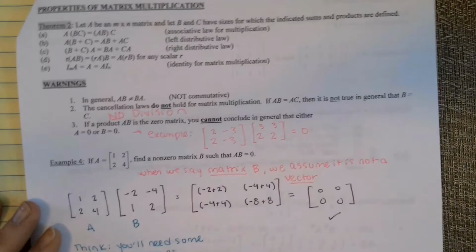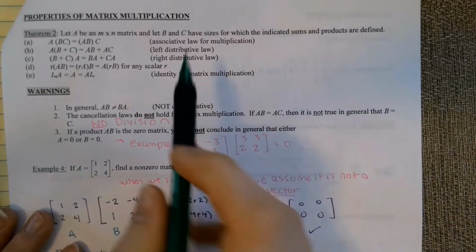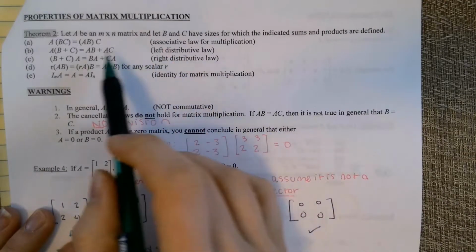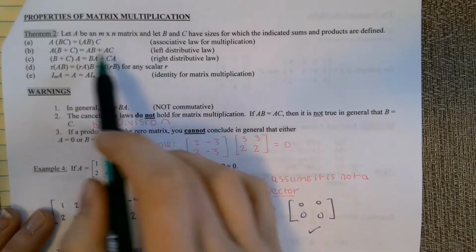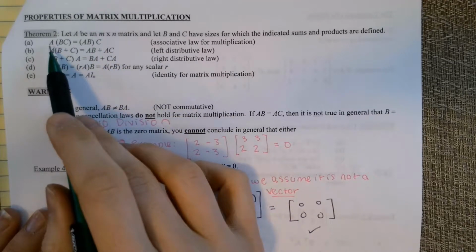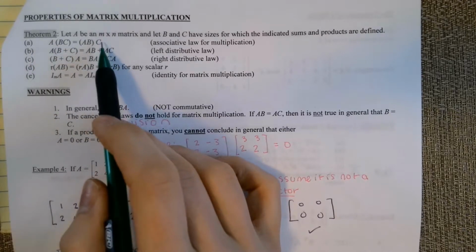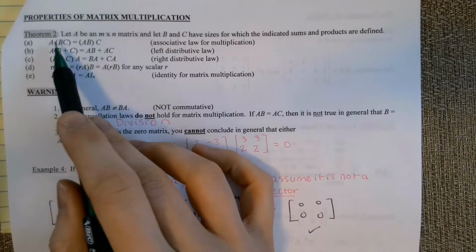Okay, here are some properties. Every time we introduce a new operation, we have to talk about the properties. So I've labeled these here for you a little bit, but here you can see that the associative law for multiplication is true. So I could multiply BC and then multiply it by A, or multiply AB and then by C. Notice that the order is still ABC, ABC.